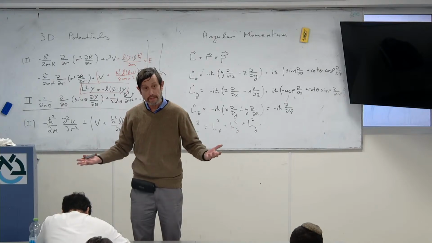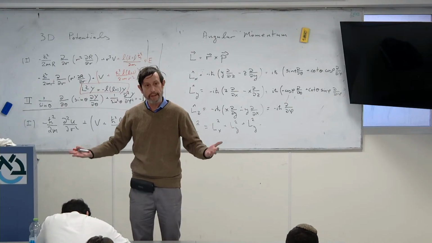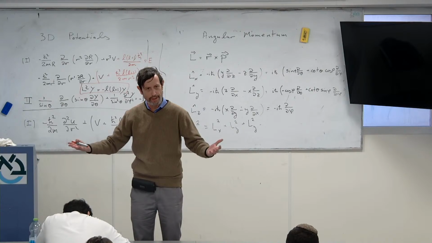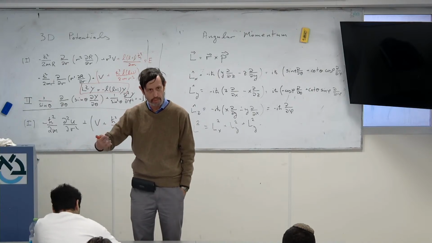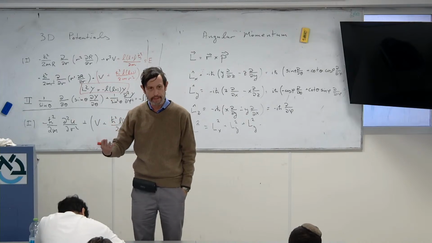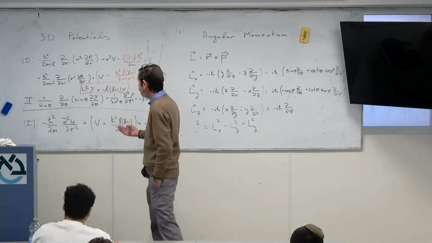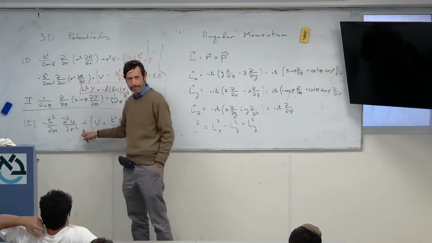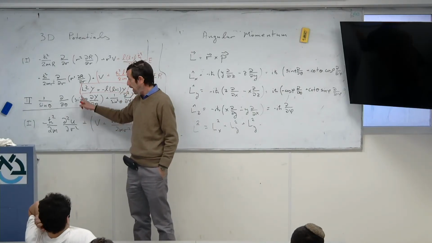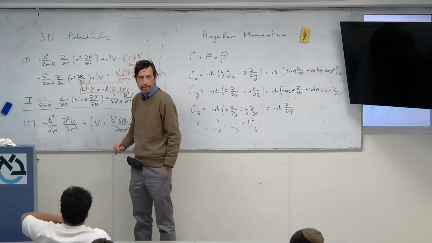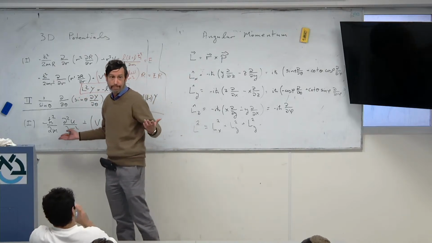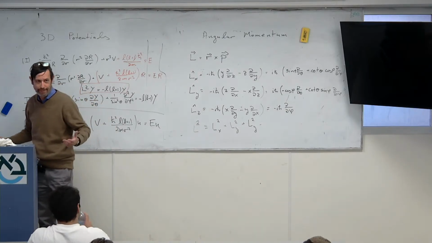But it makes sense. If I had x, y, and z, then I would have the solution for x, the solution for y, the solution for z, and multiply them. Here I'll have a solution for r, hopefully once I figure out this thing. I'll have a solution for theta and phi. I'll multiply the two solutions. That's a program.